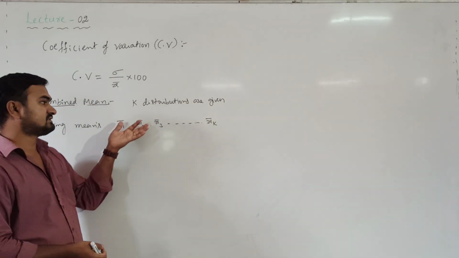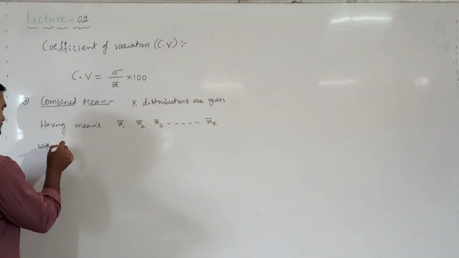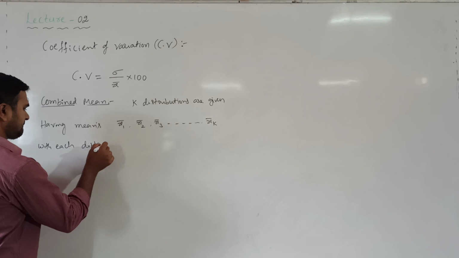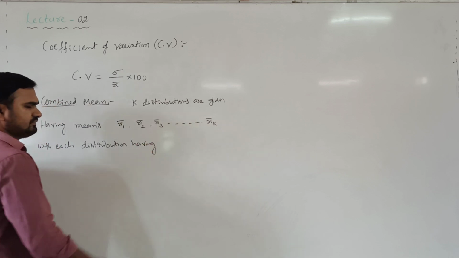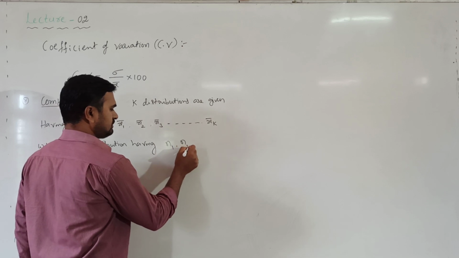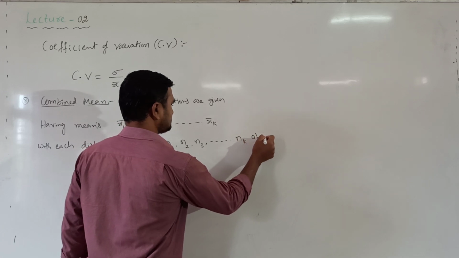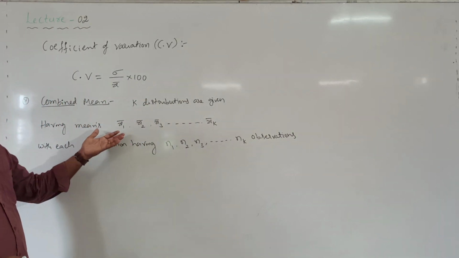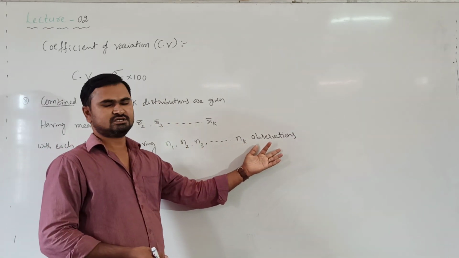So these are the means of these k distributions, with each distribution having n1 observations here, n2 observations, n3 observations and so on up to nk observations. So we are given this many distributions having their means and this many observations in each of the distribution.